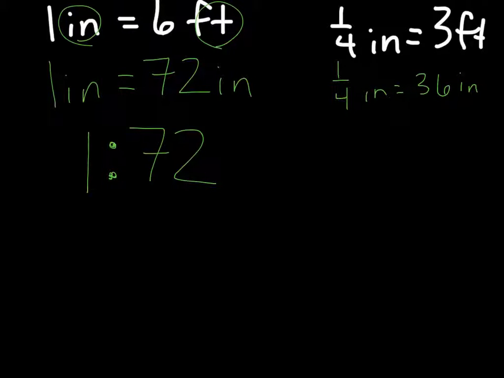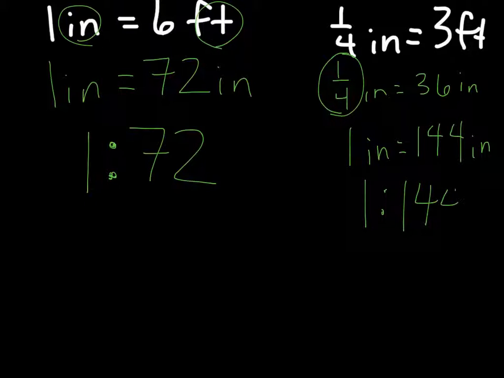But there's another problem with this scale factor. I can't keep it at 1/4 inch, and so I need to multiply them both by 4 so that I have 1 inch equals, and 36 times 4 is 144 inches. So my scale factor is 1 to 144. It tells me that her painting on the mural that she's going to do is 144 times bigger than her blueprint.